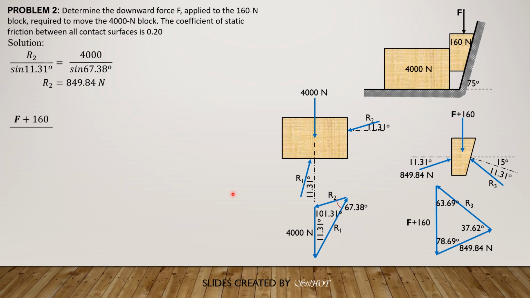By sine law, F plus 160 over sine of 37.62 degrees equals 849.84 over sine of 63.69 degrees. So F is equal to 849.84 times sine 37.62 divided by sine 63.69 degrees, then minus 160. Solving for F, F is 418.7 newtons.